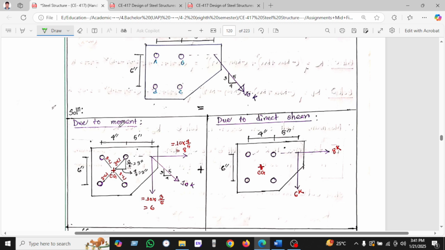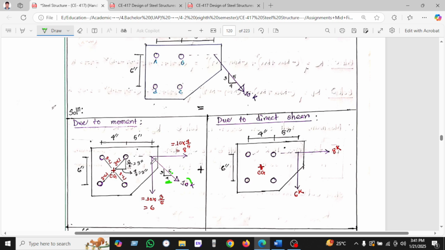So due to the moment, at first we are dividing into x-axis and y-axis. So in the y-axis we have been seeing here 4 by 5, and we multiply with 10, and in the same way when we are taking the x-axis, then this will be 4 by 5.